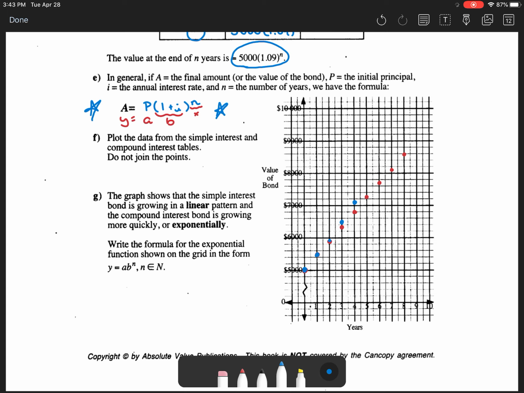Year 3, just above 6,400. So now there's a little gap between the linear and the exponential. Year 4, now I'm just over 7,000. That gap between the years, every data point is going to start to increase. Year 5 is just about 7,700.